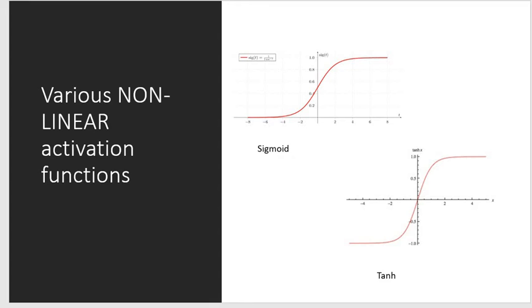There can be clear predictions. For example, in this particular graph, for x above 2 or below minus 2, it tends to bring the y value, that is the predicted value, to the edge of the curve, very close to 1 or 0 depending upon your input. Either it is greater than 2 or it is less than minus 2.